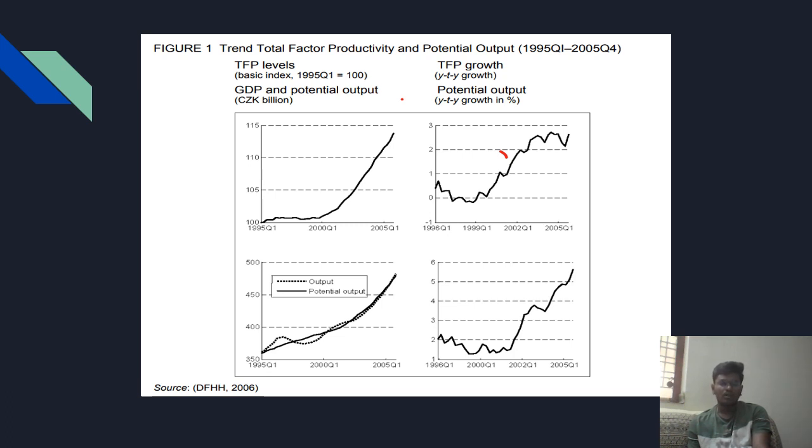The potential output has also been decreasing and increasing, and at last in 2005 it is at a good state.